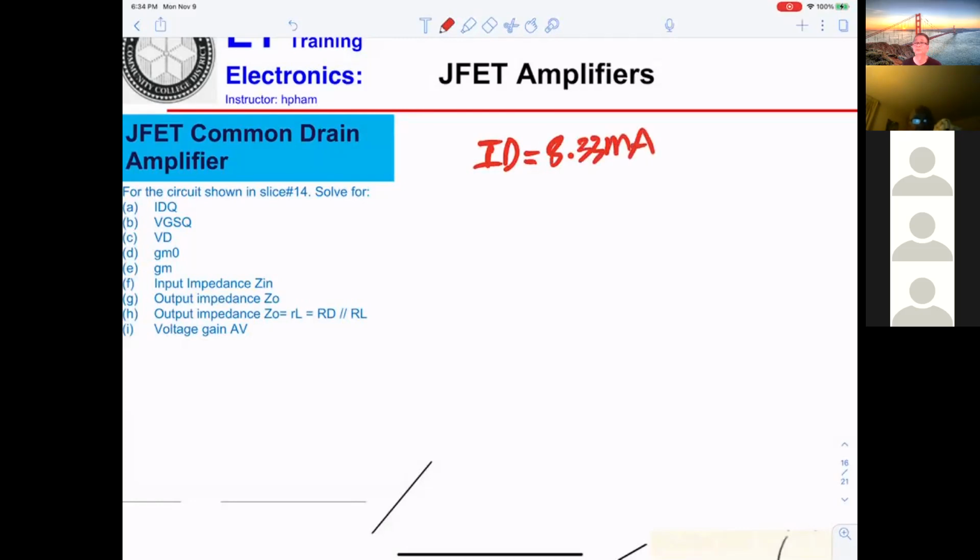I believe you can calculate the VGS, right? It's -2. Yes.